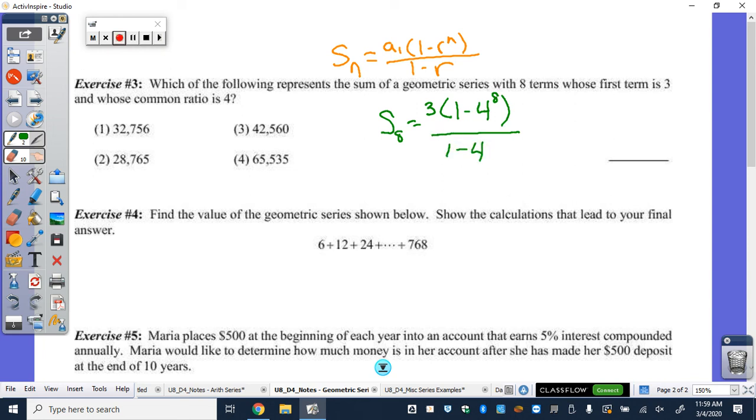So 3 times 1 minus 4 to the 8th divided by 1 minus 4. Plug it in, plug it in.